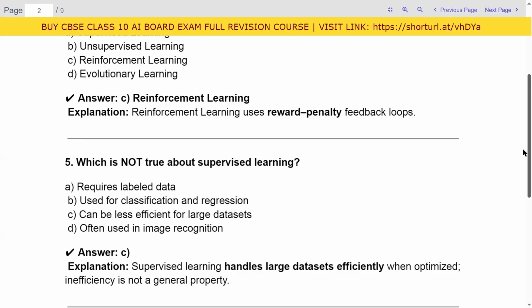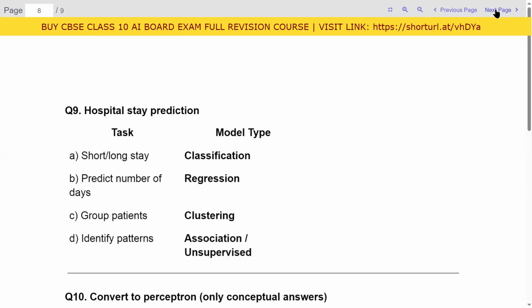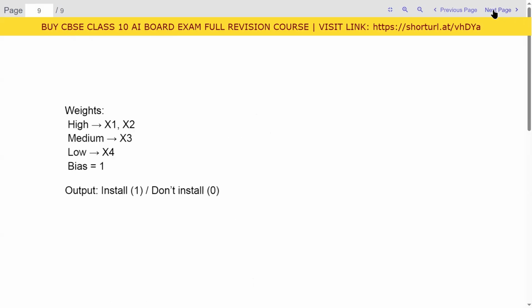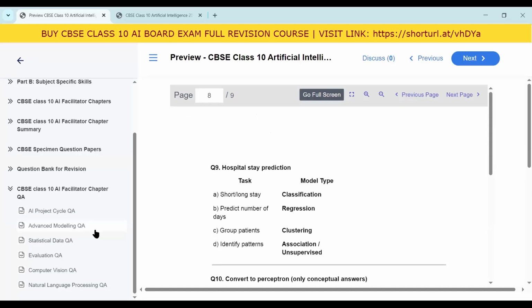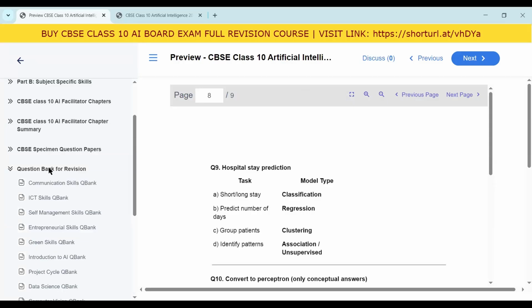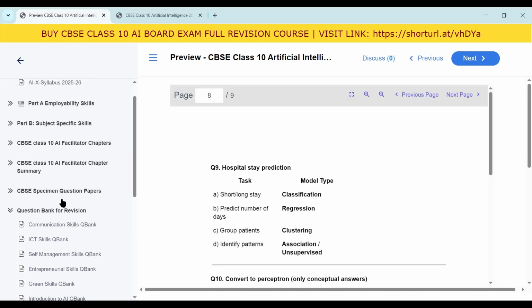So you can understand what type of questions are there. There are more pages, and more types of question answers in this one. If you look at the content, all the question answers are given. Similarly, there is a question bank given on each topic, which can also help you revise your concepts.